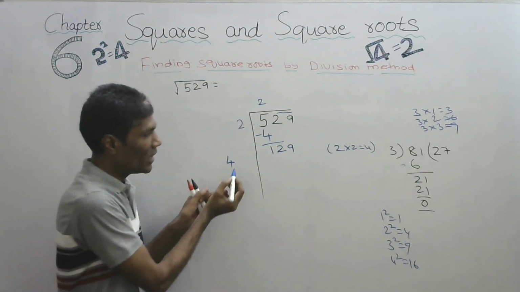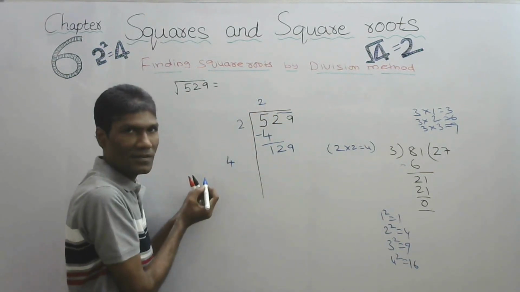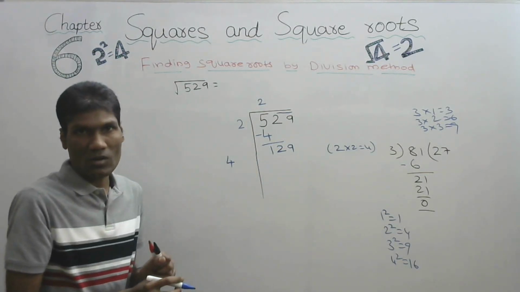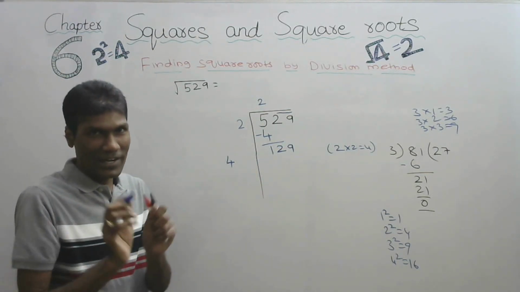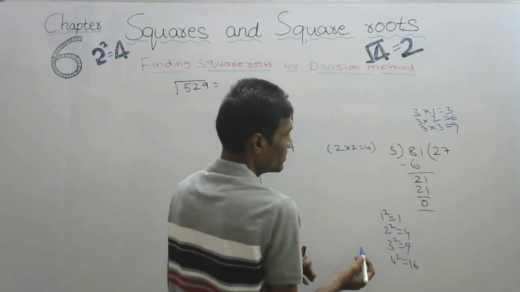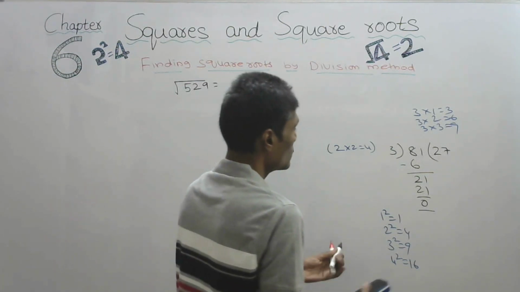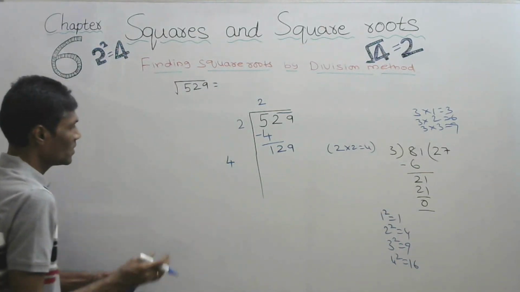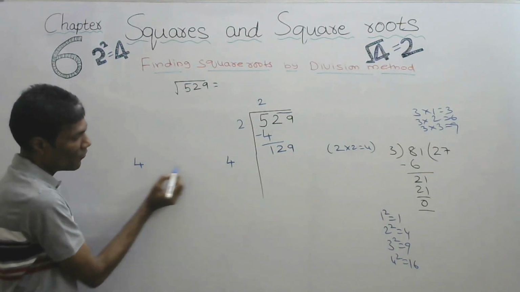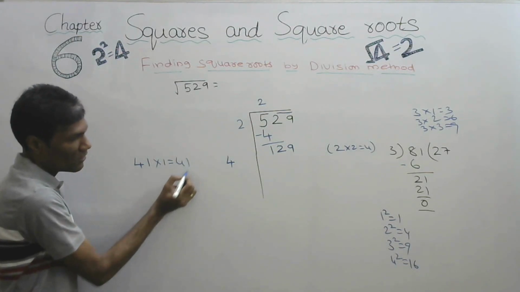Now see. Here if I write 1, the same number should be written here, and that number we should multiply so that we will get this number or not. Not understood? Let us see. Here if I put 1 after 4, 41 into 1, 41.